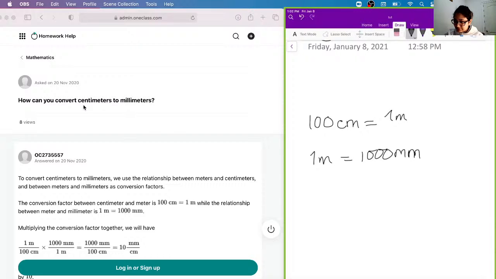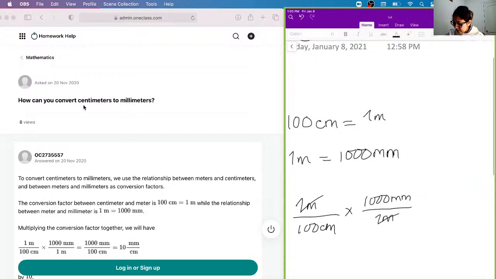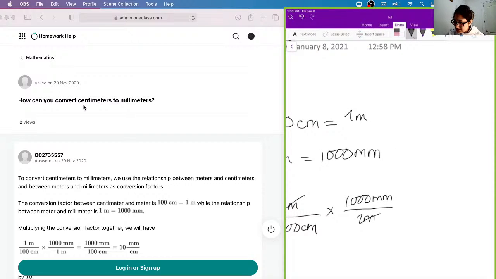And so when you multiply the conversion factors together, if you have 1 meter over 100 centimeters, and you multiply this with 1000 millimeters over 1 meter, the meters would cancel out, and what you have is 1000 millimeters over 100 centimeters.